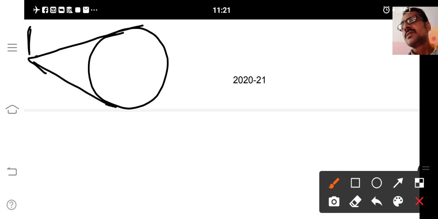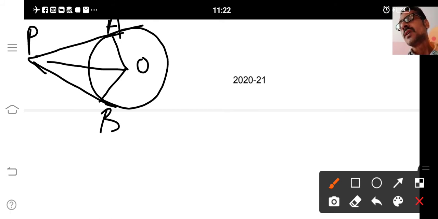Here it is point P, and PA and PB, two tangents are there. This is the center of the circle, let us take it O. Radius. And join this OP. And this whole angle is 80 degrees. And I want POA, this angle.